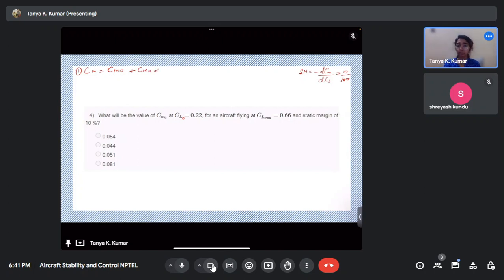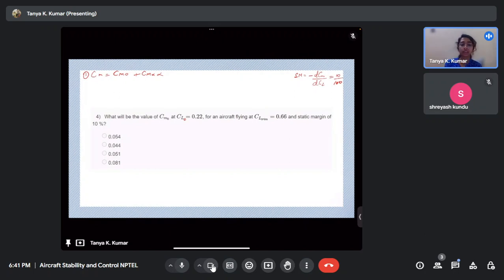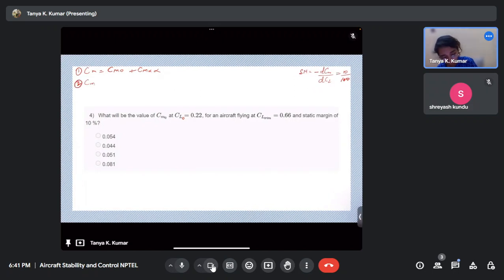This is the Cm naught that we have learned. But in this question, they've given the relation between Cm and Cl. So there you have Cm is some Cm naught, let's call it Cm naught 2, plus dCm by dCl into Cl, right?